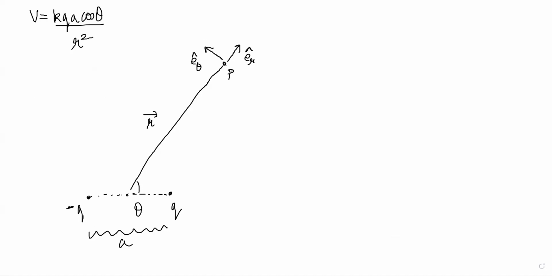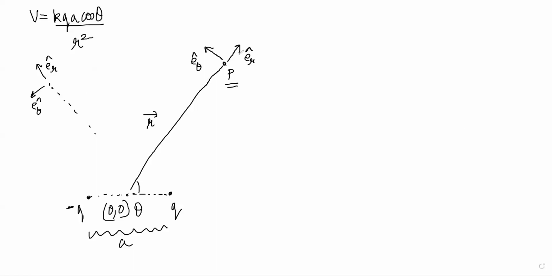These are two perpendicular vectors. Obviously, if the point P has changed and point P was somewhere here, the ER would be like this and the E theta would be like this, right? You understand that ER and E theta depend on the location of the point P, right? Yeah.